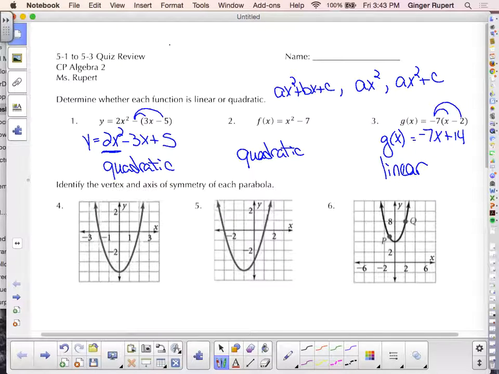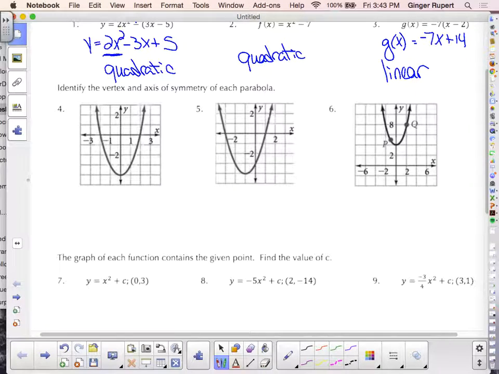Okay, number 4, 5 and 6 asks you to identify the vertex and the axis of symmetry on the parabola. Remember, the vertex is that minimum or maximum value. So you're looking for where that curve actually makes the turn. So here it's going to be at 0, minus 4.